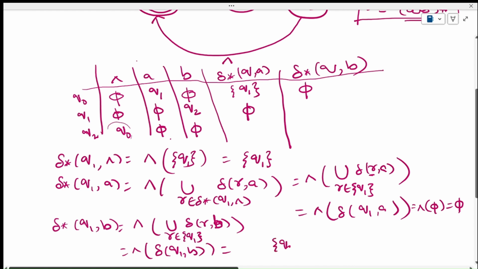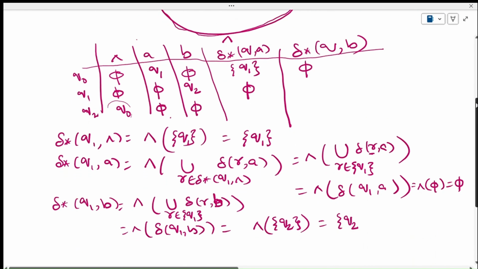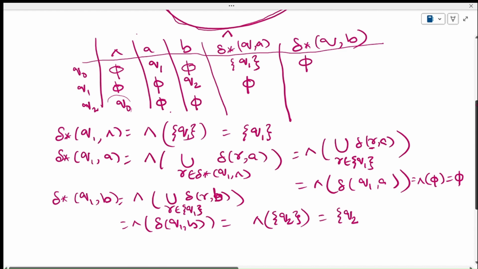So I get this Q2. And null closure of Q2 is Q2, as well as there is a null transition, that is, by reading null Q2 is going to state Q0. So I have this transition, a null transition. So Q2 and Q0 are also there in that set: Q2 comma Q0.